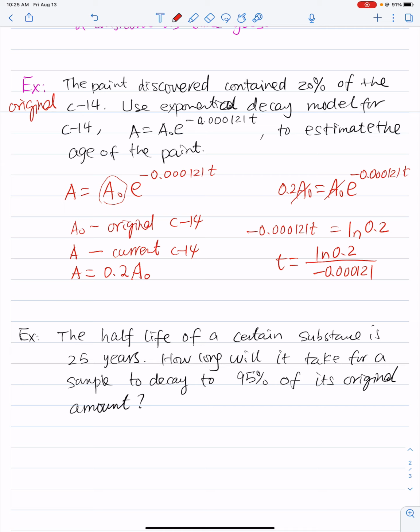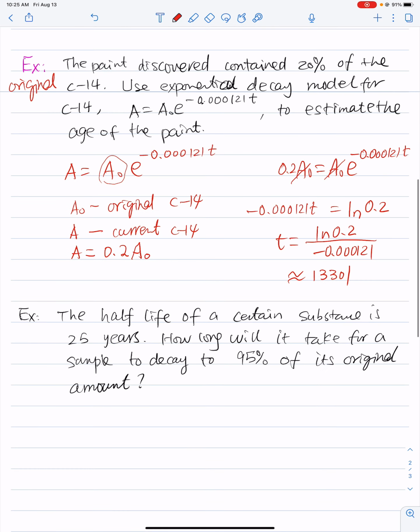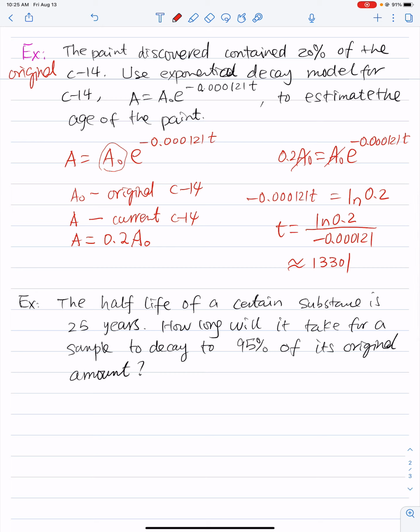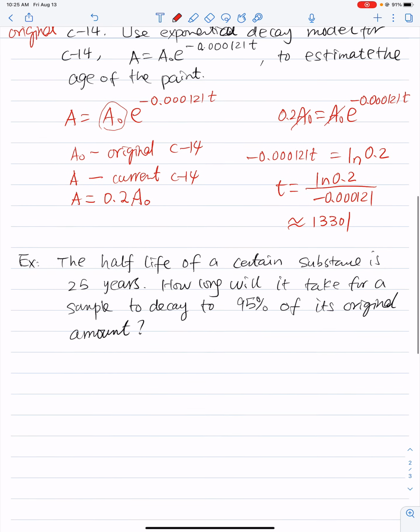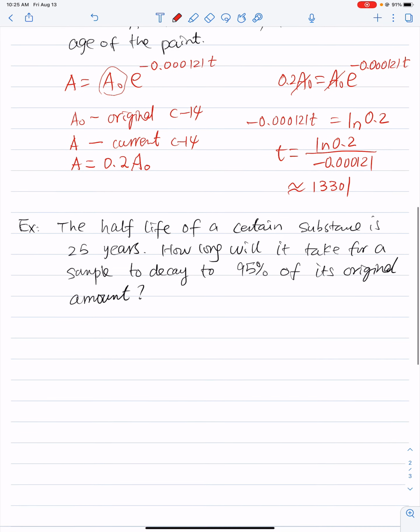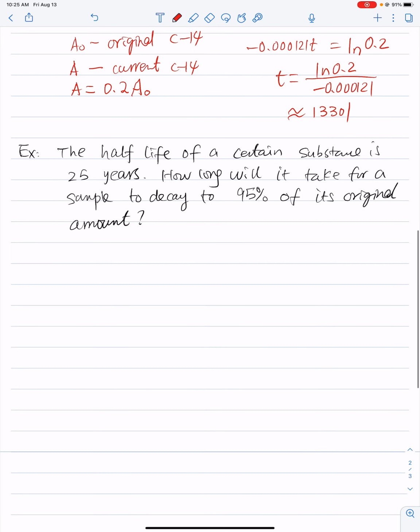What do you get when you use your calculator? Almost 13,301, so it is almost 13,301 years. Wow, a long time.